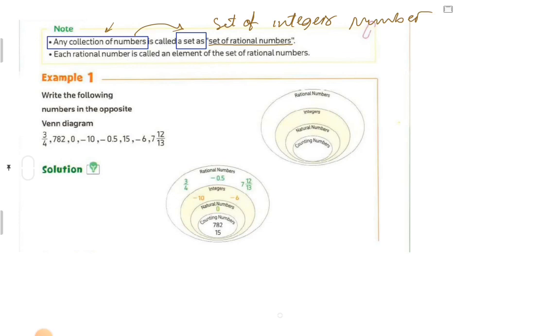Any group of numbers is called a set of numbers. Any number in this set is called an element of the set of rational numbers.